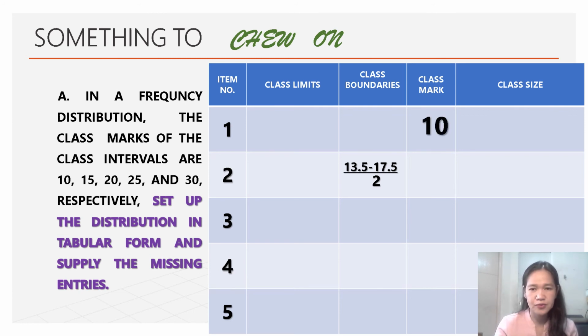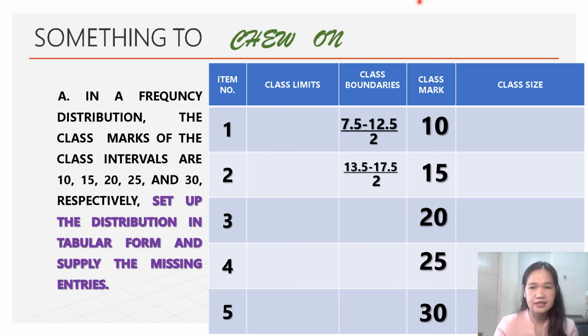I'll give you 10 minutes to finish this. You may follow the step-by-step process on how to set up a frequency distribution table to get the missing entries.